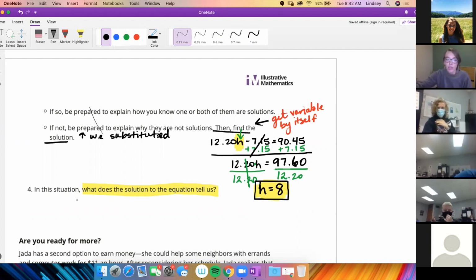Okay, so let's put it into a nice sentence to explain it. Who are we talking about in this situation? Jada. All right. What does it mean, 8 hours? She worked 8 hours.